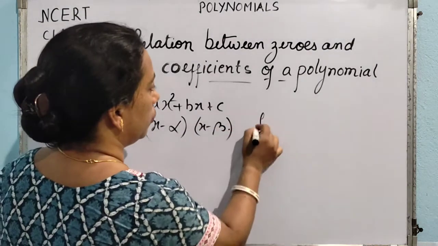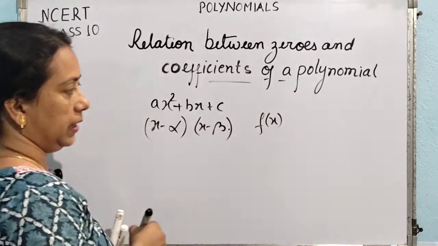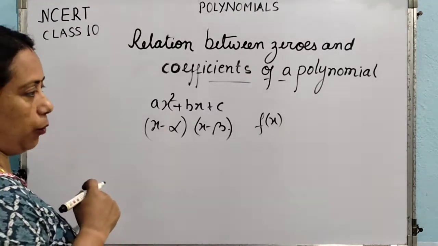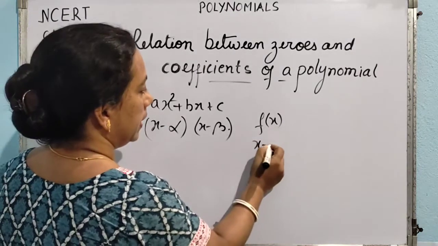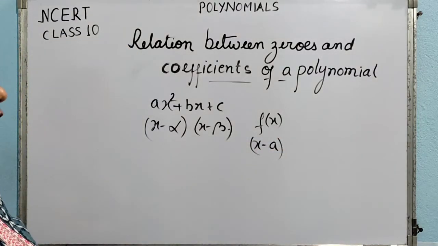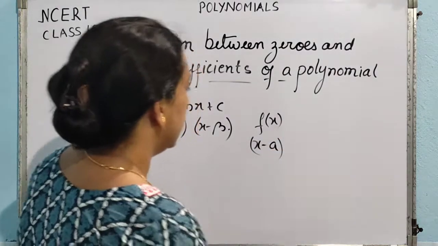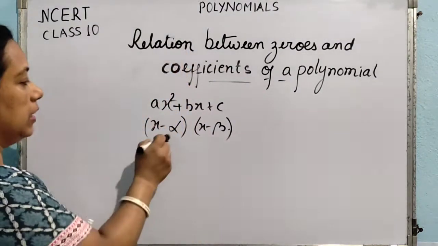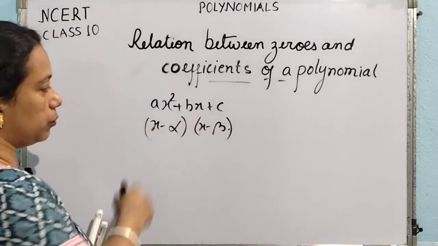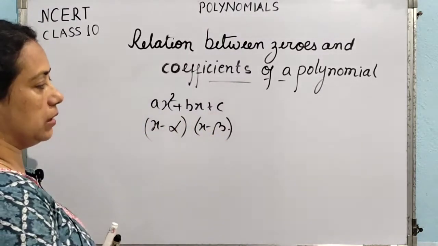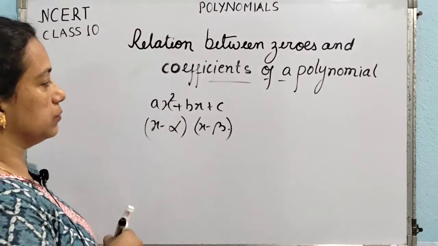Suppose your polynomial is f of x, and if a is a zero of the polynomial, then x minus a will be a factor of this polynomial. So taking the help of this factor theorem, I am saying that if alpha and beta are the zeros of this polynomial, then definitely x minus alpha and x minus beta both will be the factors of this polynomial.